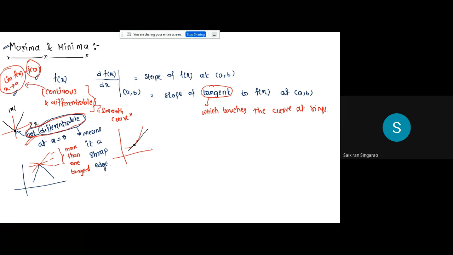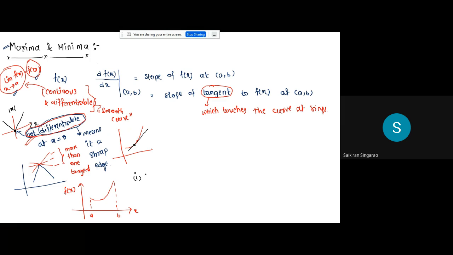Very good. Now let me ask you one more question. Say you have a curve like this. Say this is A, say this is B, and I'm naming this f of x. Now let me write two statements. You tell me which statement is true.